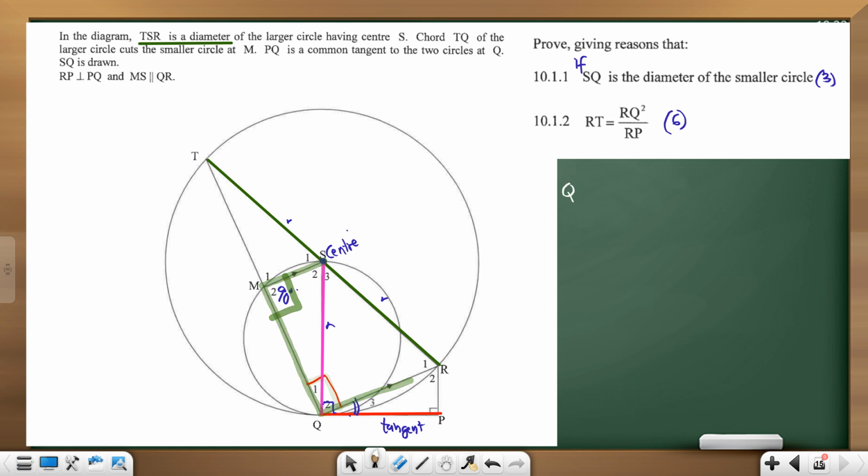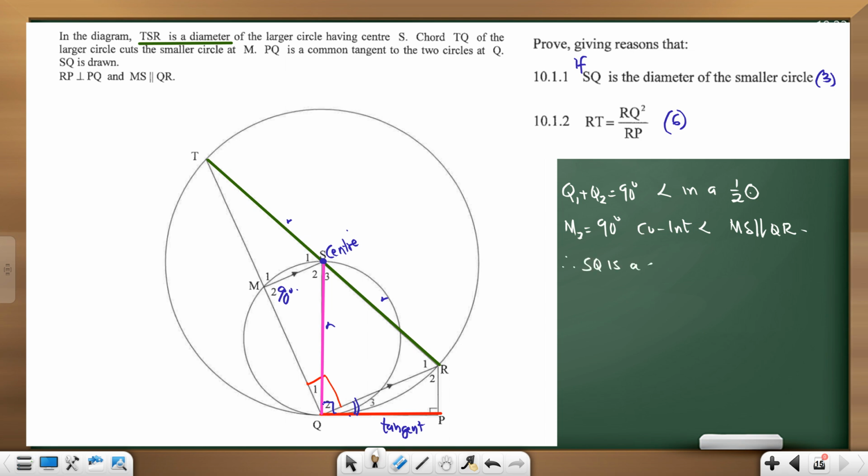Okay, so I'm going to start with Samika's one. Q1 plus Q2 equals 90 degrees, angle in a semi-what? Circle. Now, M2 equals 90 degrees, co-interior angles, MS parallel to QR. Therefore, SQ is a diameter.